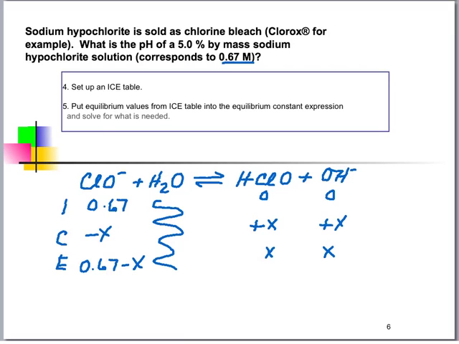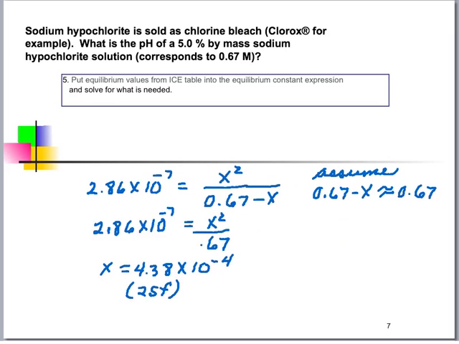We will put those values, the equilibrium values, in our equilibrium constant expression. So we put the equilibrium values from the ice table into the equilibrium constant expression, and using the K that we have previously calculated.